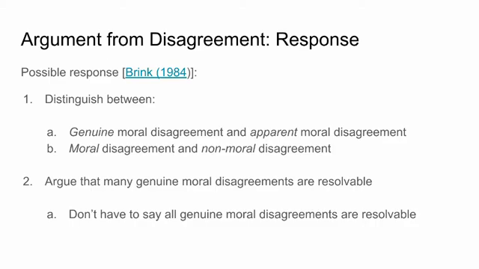And then from there we can say, once we've isolated and narrowed down the disagreements to genuine moral disagreements, well, many of them are going to wind up being resolvable. We don't have to say they all are resolvable, but we can say that many of them are.